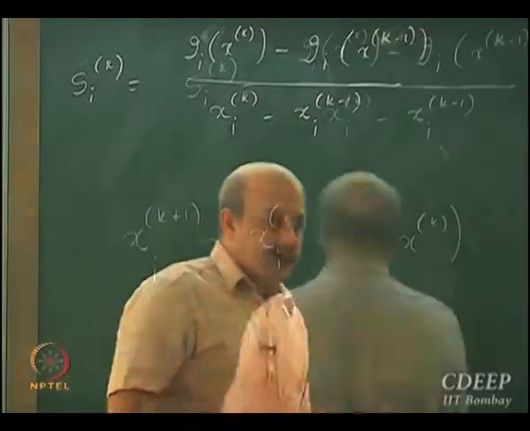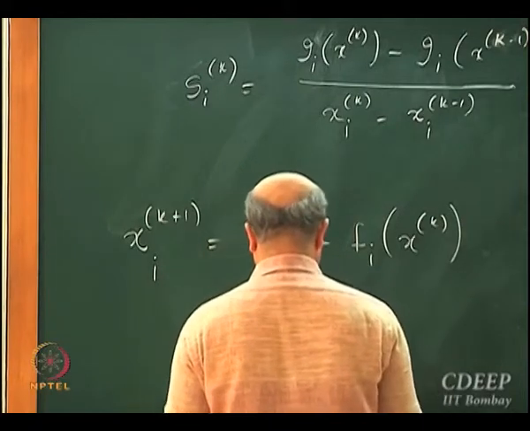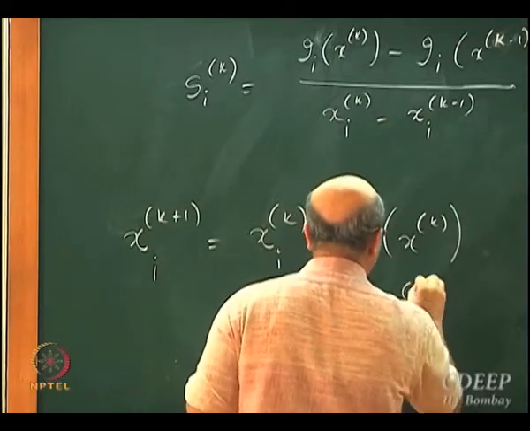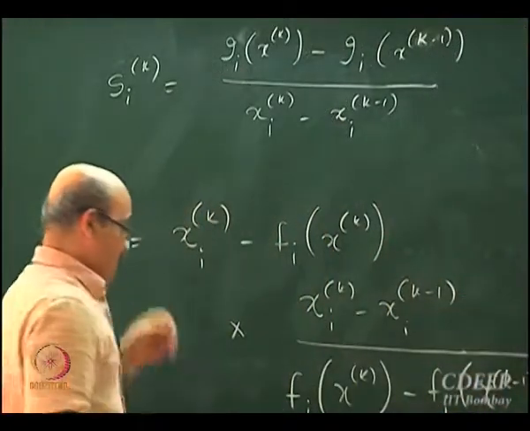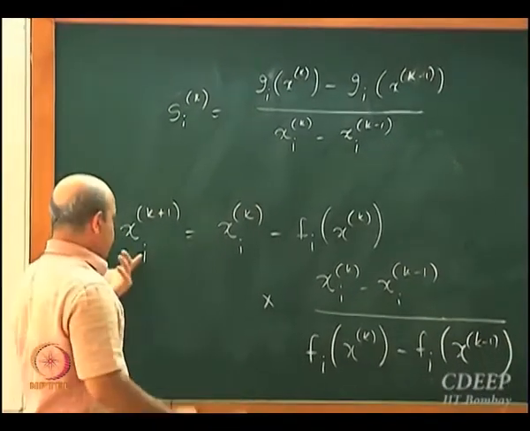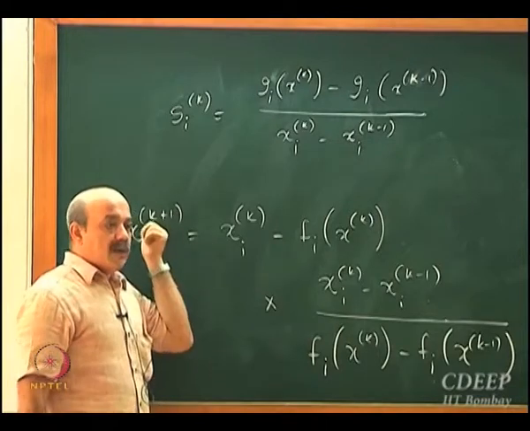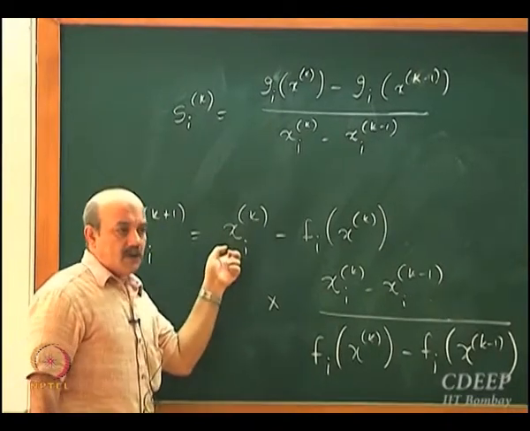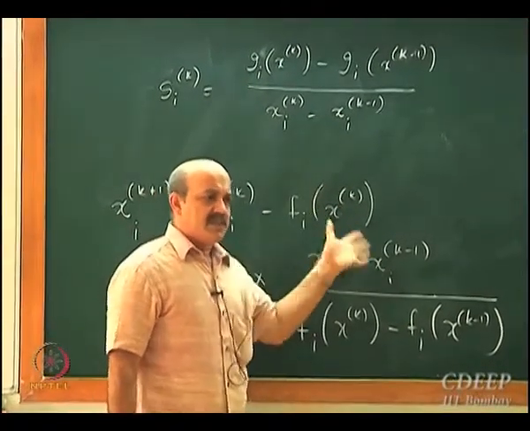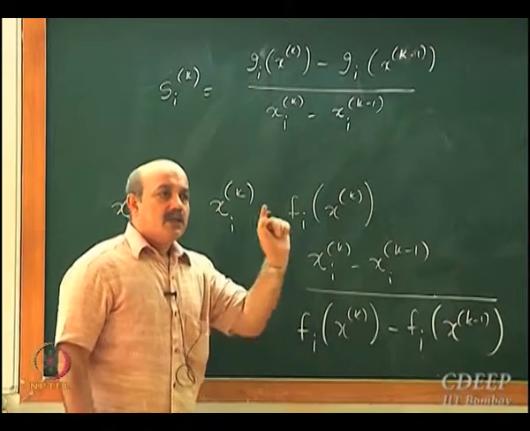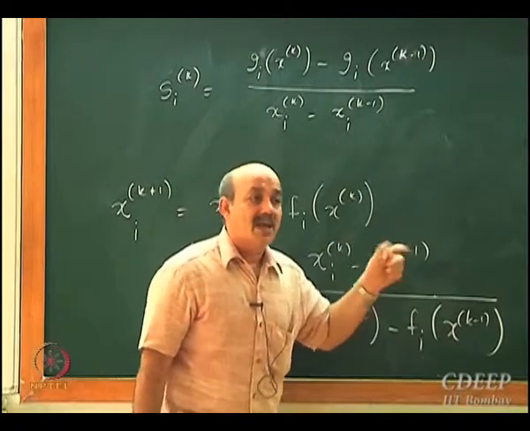Now look at this: this is the ith component of the x vector. The new one is the old value of the ith component plus a correction which is like Newton, like the secant method applied only to the scalar function fi.